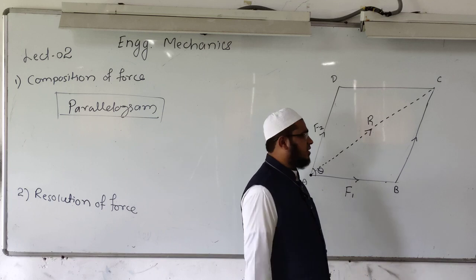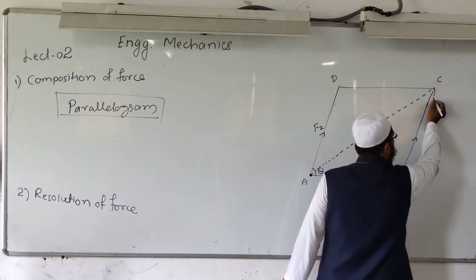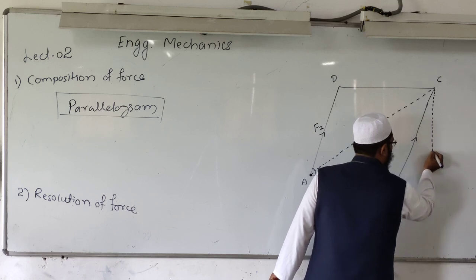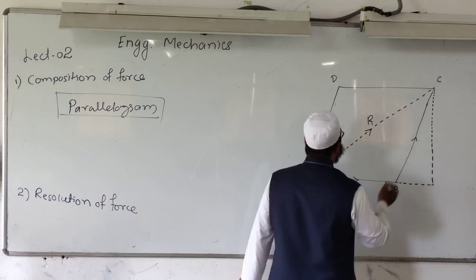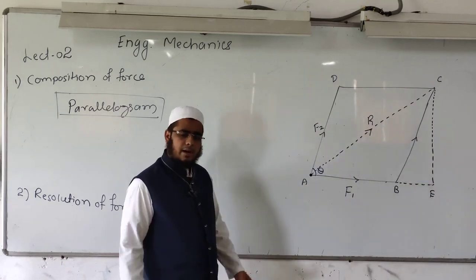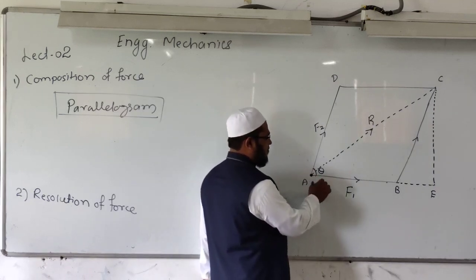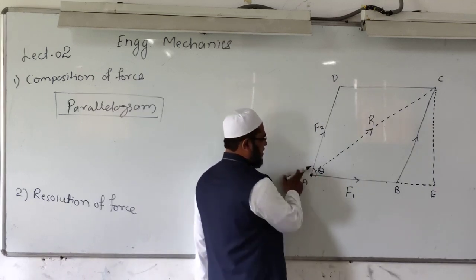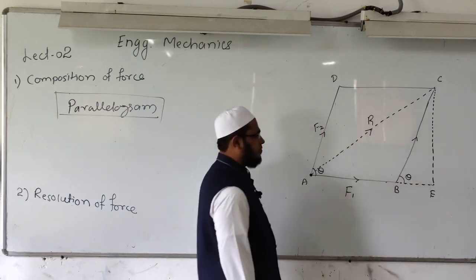To find the resultant, I will split this figure, and we will give the names ABCDE. As it is a parallelogram, opposite sides are parallel to each other. If the angle between F1 and F2 is theta, then this angle is also theta.